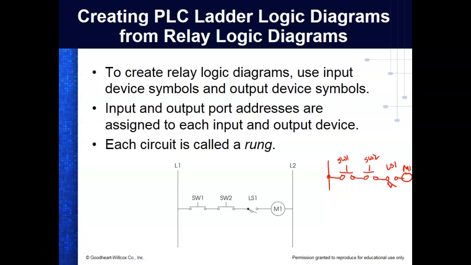It could either be a single-load series circuit or a multi-load parallel circuit. The book says you can only have one load per rung, but that's not true. We can have multiple loads per rung; they just have to be on a different line. So we'll define what a line is and what a rung is.